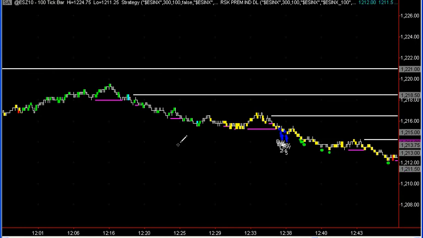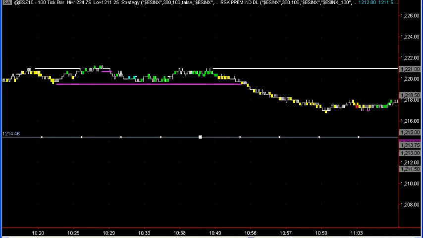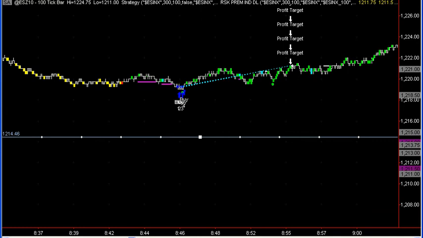I'm going to draw a horizontal line right in here. Let's go back to the beginning of the day. Now, once we took these trades here, the strategy records the price of the low, and basically we can't get another divergent trade unless the Spoos drop below that price.